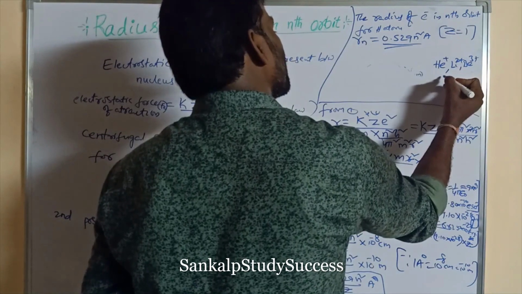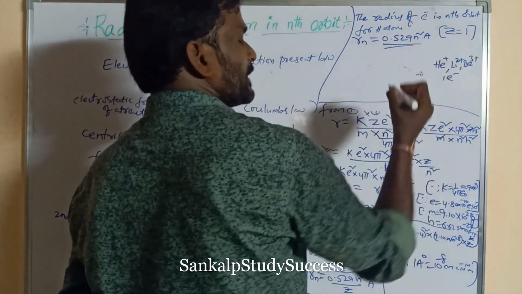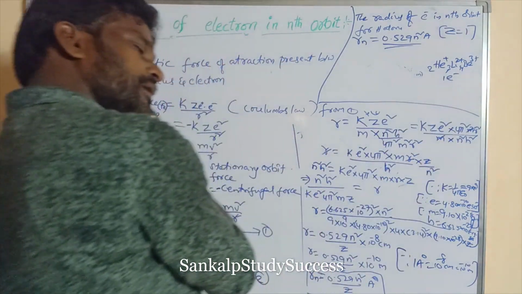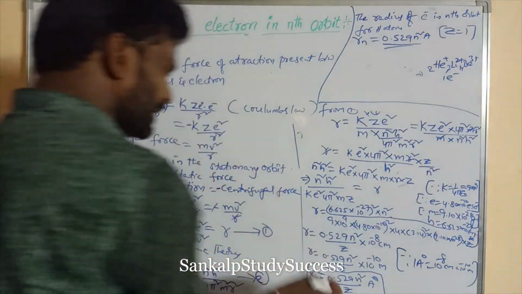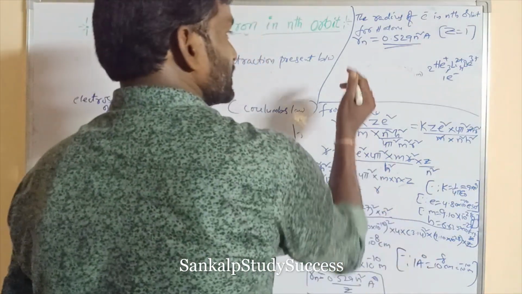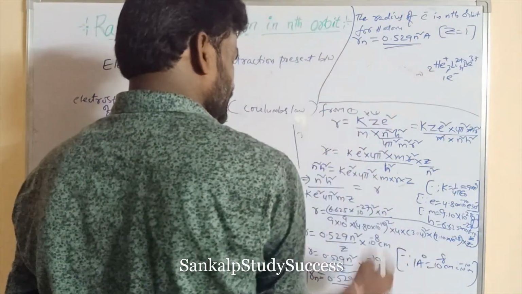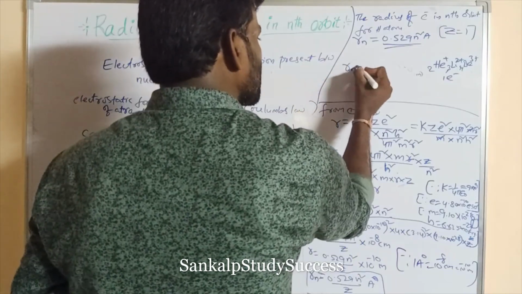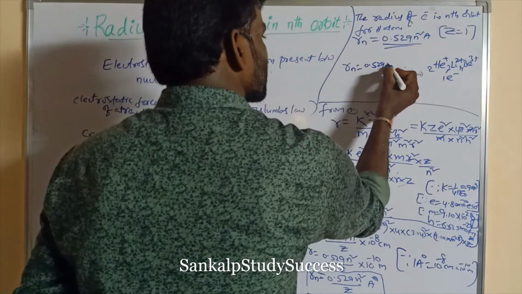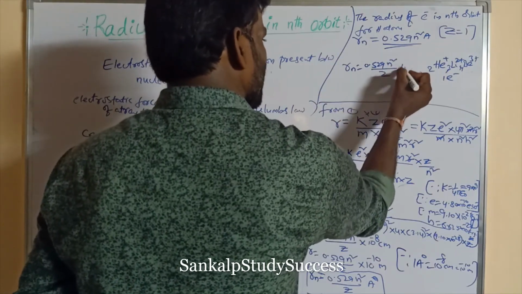All these contain one electron, but their atomic numbers vary: 2, 3, 4. So the radius of electron in the nth orbit for isoelectronic species of hydrogen atom, what is its formula? Rn is equal to 0.529 n square by Z angstrom.